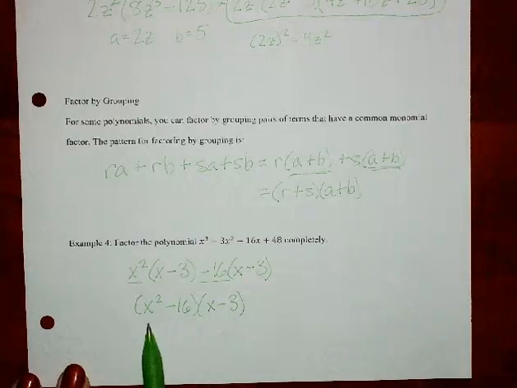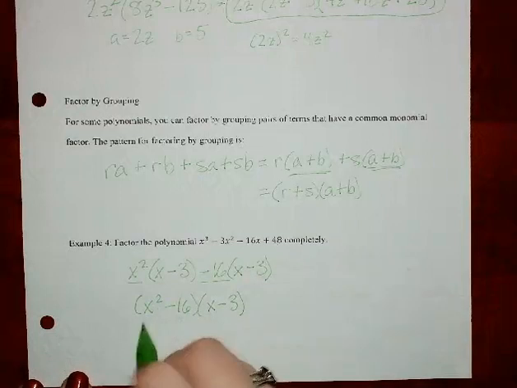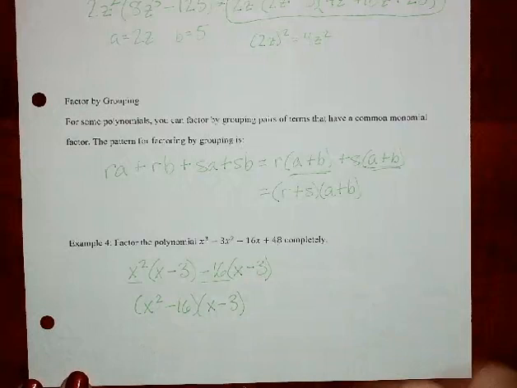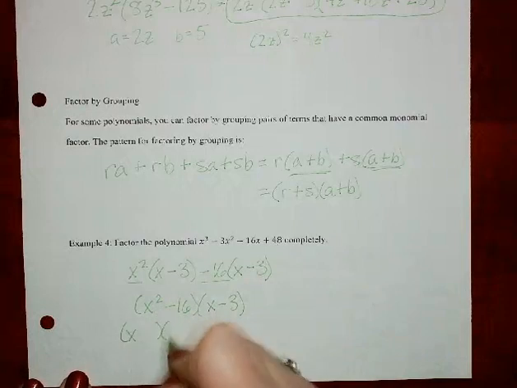And now I look at these. x squared minus 16 is a difference of squares. The square root of x squared is x, so I'm going to end up with x and x.